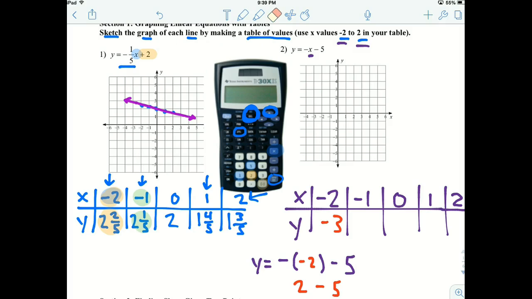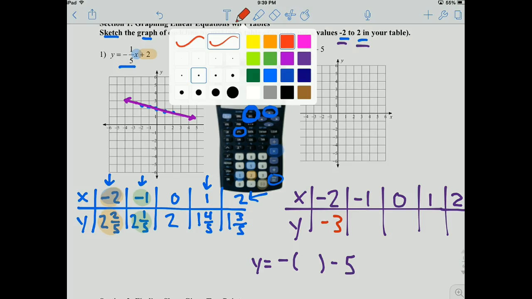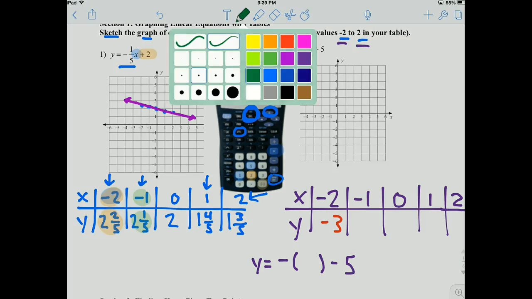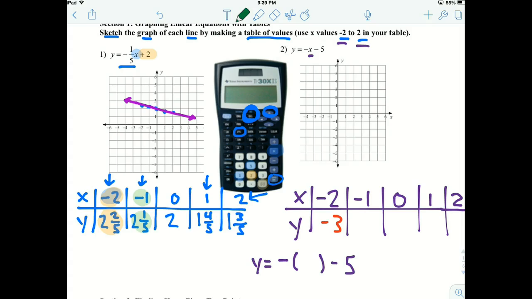I can repeat this process by plugging in the next value. So I plug in a -1 to this equation, and I have -1, which is just +1, minus 5. 1 minus 5 is -4, and so forth.